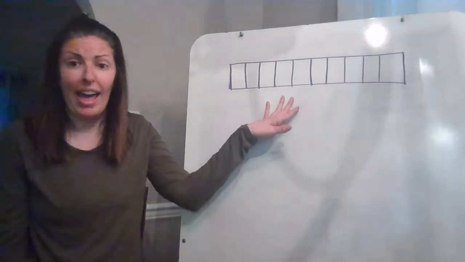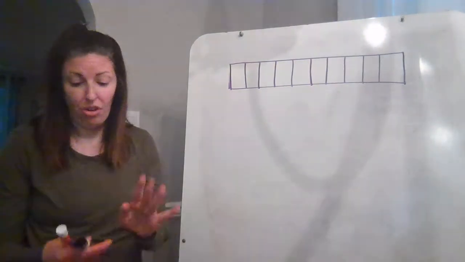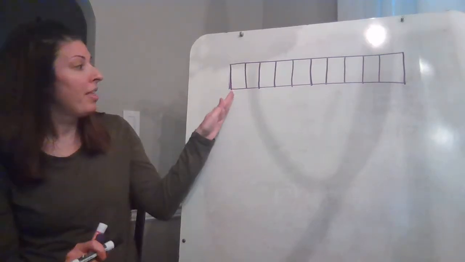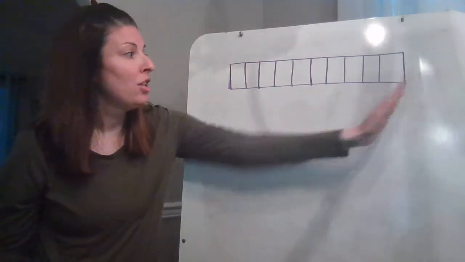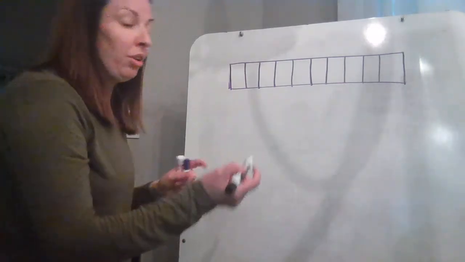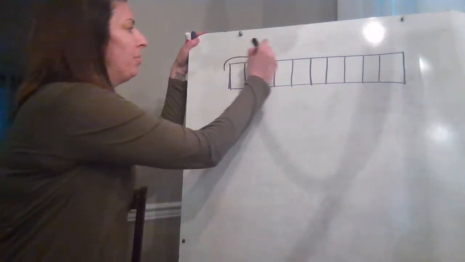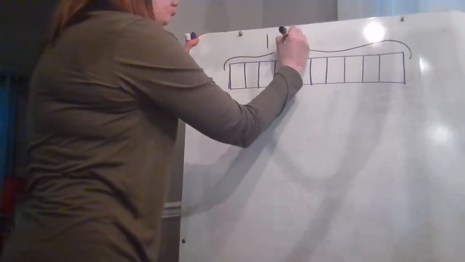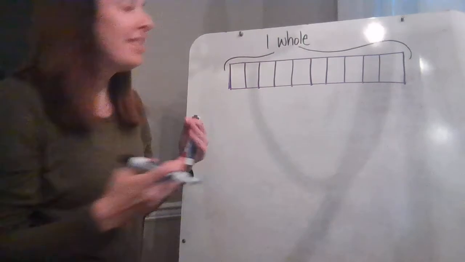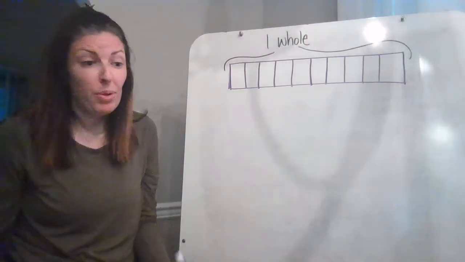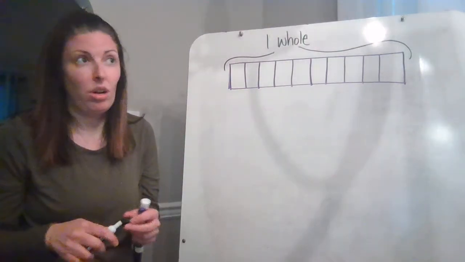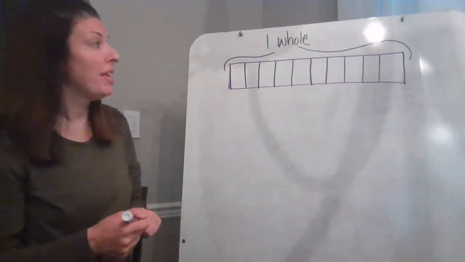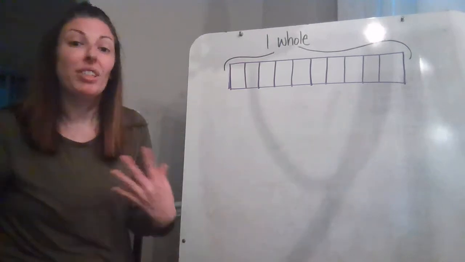So up here, I have my tape diagram, which you guys are all used to seeing. And you know that our tape diagram from our left side to our right side is equal to one whole. So I'm just going to label it the way that we have one whole. Now, like I said, we've been working with fractions for a long time. So I took my tape diagram and I broke it up into 10 different pieces or 10 different parts.